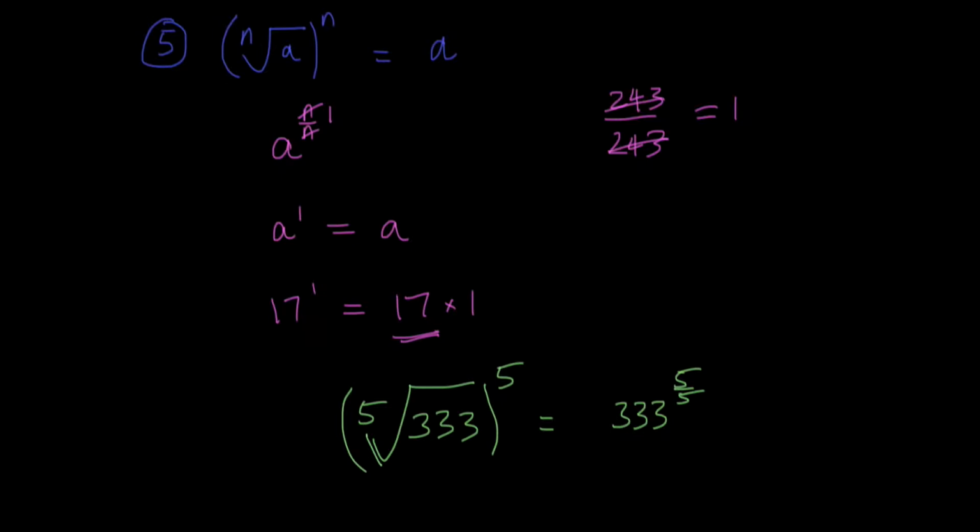Sorry, let me make sure I write this inside the root sign to make it more accurate. So the denominator becomes the root, and the numerator is what I'm raising it to. So it's 333 raised to 5 over 5. That cancels out and gives me just 1. So my answer would be just 333.